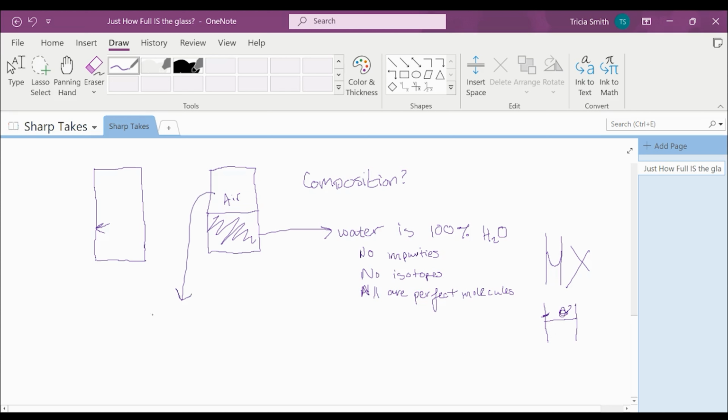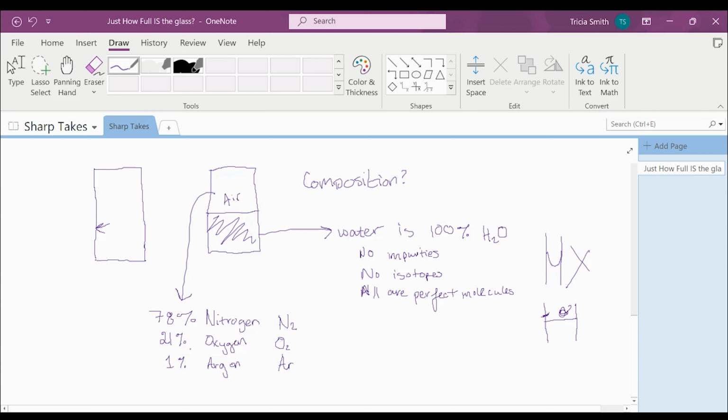So the air will be 78% nitrogen, which exists as N2, 21% oxygen, which exists as O2, and 1% argon, which is a monatomic gas and simply exists as itself.